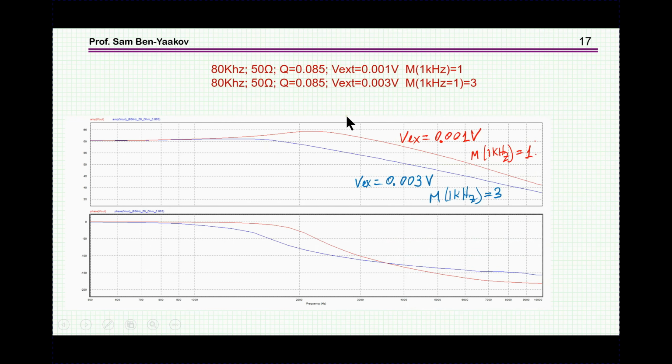And here is just another example. I've run two cases, both of them for the same resistor, but with two excitations. And this is now already the AC sweep. We have frequency, this is the amplitude, and this is the phase.